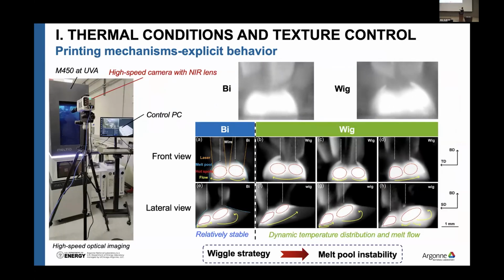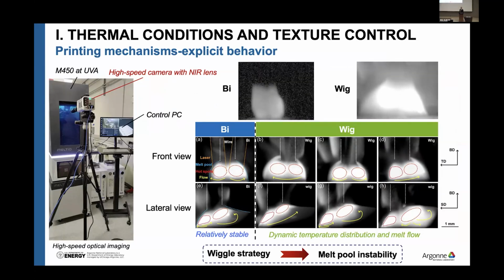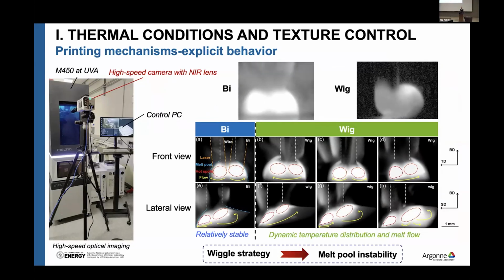From this video, we can clearly see that compared with the traditional strategy, the wiggle deposition process is able to constantly wobble the melt pool and cause more dynamic thermal conditions on the melt pool surface and cause a specific melt pool instability.